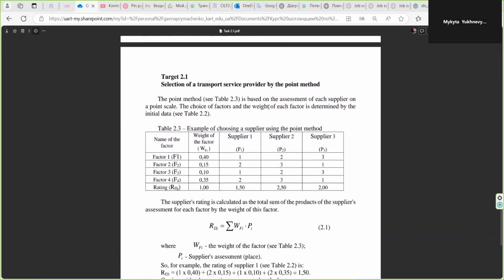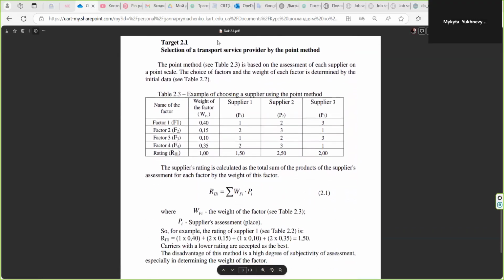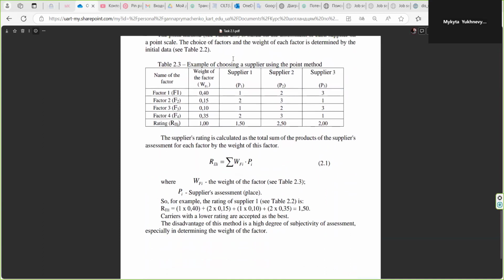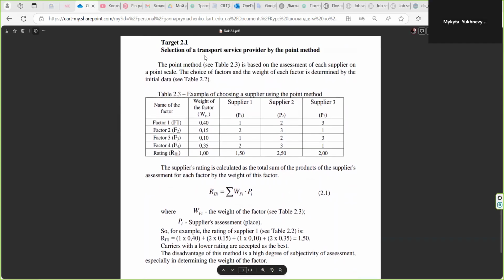I opened the information about calculation. Please write on your paper or in your electronic documents that you have task 2.1 and about selection. It's the topic of our task, selection of a transport service provider by the point method. So today we will discover the point method and how we could use it for our task.